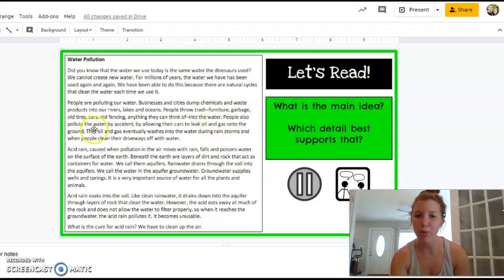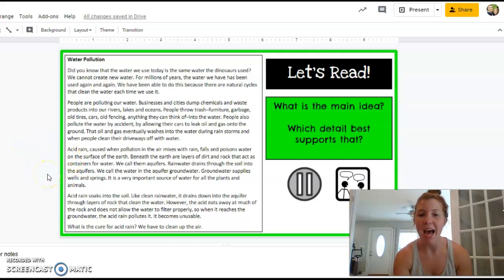People also pollute the water by accident, by allowing their cars to leak oil and gas onto the ground. That oil and gas eventually washes into the water during rainstorms and when people clean their driveways off with water.